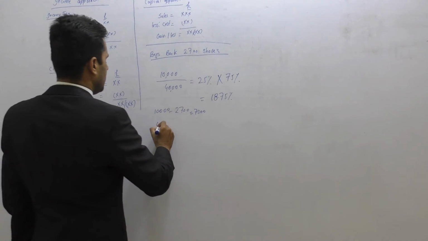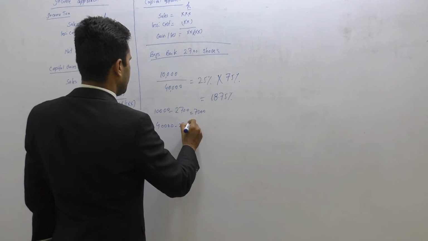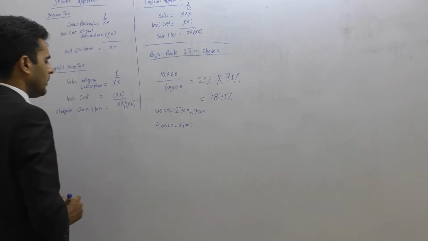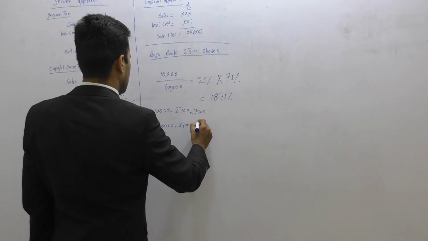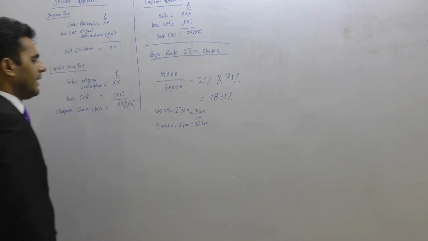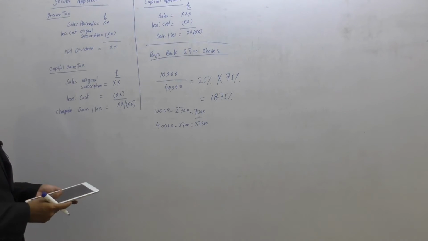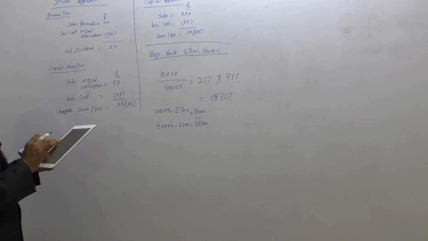And the total shares in the company are 40,000 less 2,700, which is 37,300. So we divide 7,300 by 37,300, which is her shareholding after the company buys back the shares.